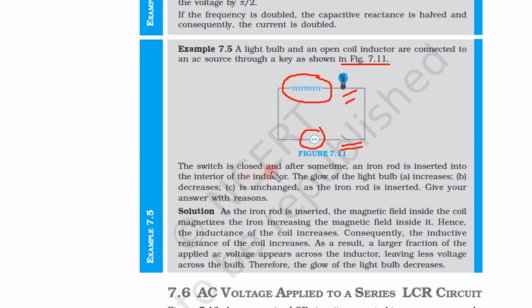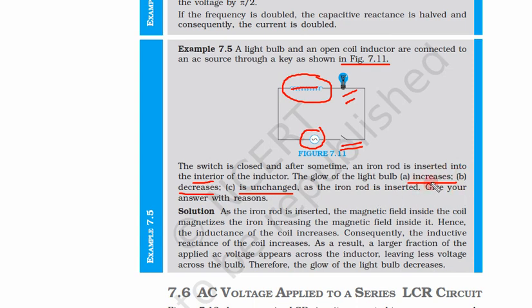The switch is closed and after some time an iron rod is inserted into the interior of the inductor. So the switch is closed, that means power is on, and we put an iron rod inside this inductor. Interior means inside. The glow of the light bulb increases, decreases, or is unchanged as the iron rod is inserted.